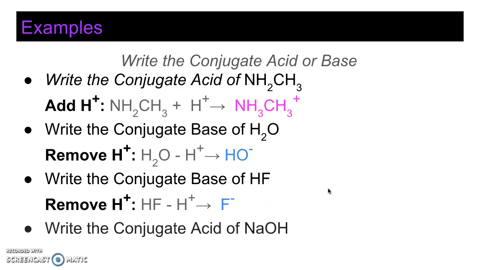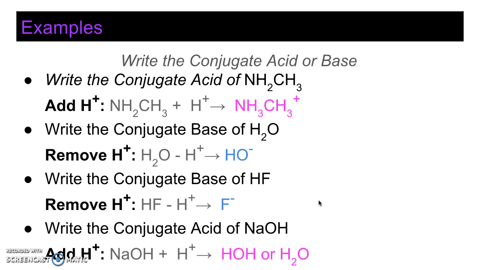Last example, you're going to write the conjugate acid of NaOH. Now, remember, for these metal hydroxides, we're focusing on the OH minus part. That is the part that's really doing the work there. So you can ignore the sodium and just focus on the OH minus. If you want to write a conjugate acid of it, just like you did in the first example, add an H plus to just the OH minus section.